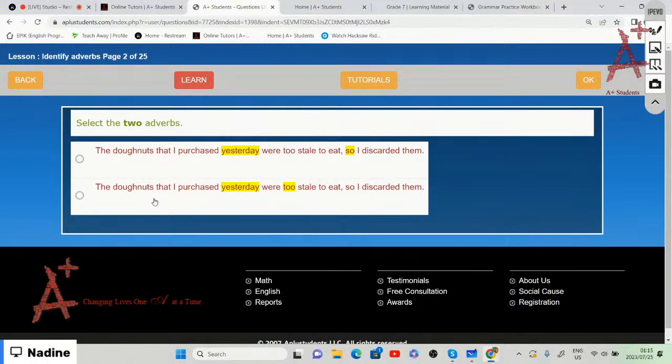So we need to choose the best option: yesterday and so, or yesterday and too. We need to choose the correct adverbs.